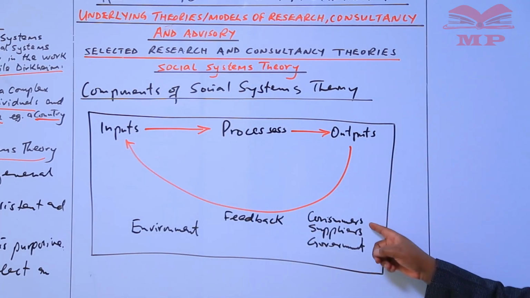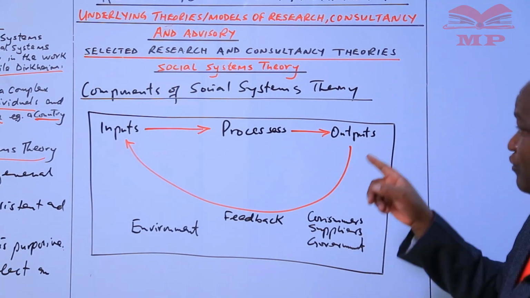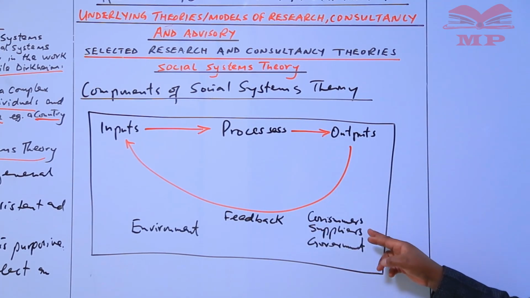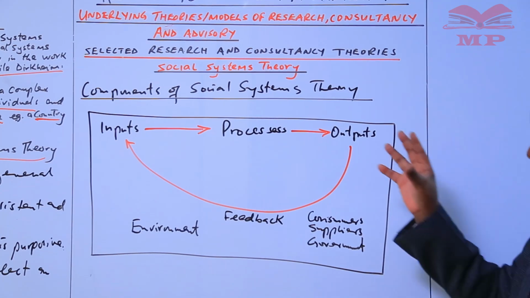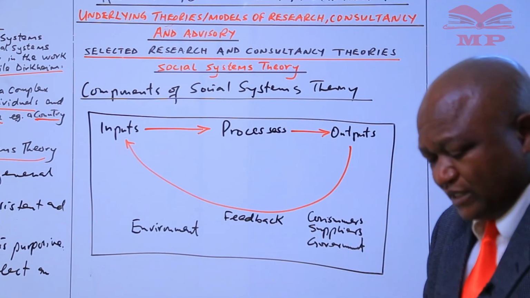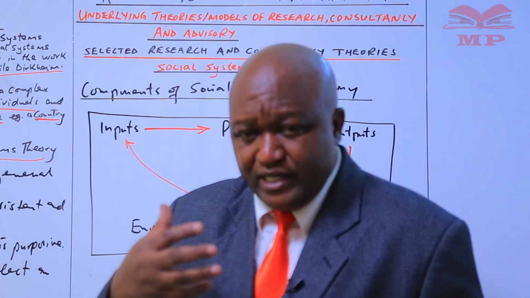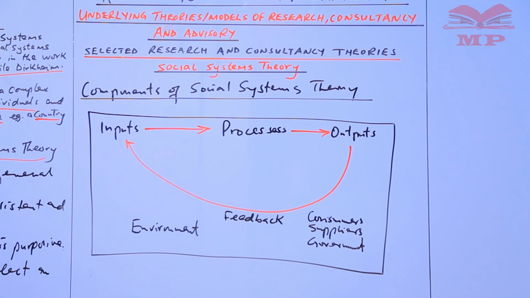And then from the outputs, the consumers will be there. Suppliers will also be interacting with this system and providing the inputs. Like now you need energy, you need regulation by government, you need price controls and so on. So these would form the components of a social system that is continuously interacting with its environment to be able to provide goods and services within that working context.